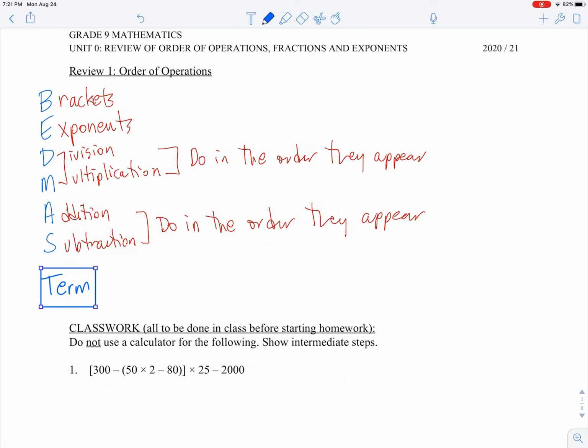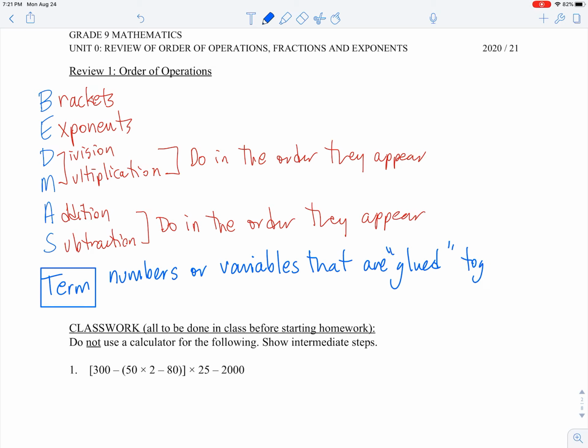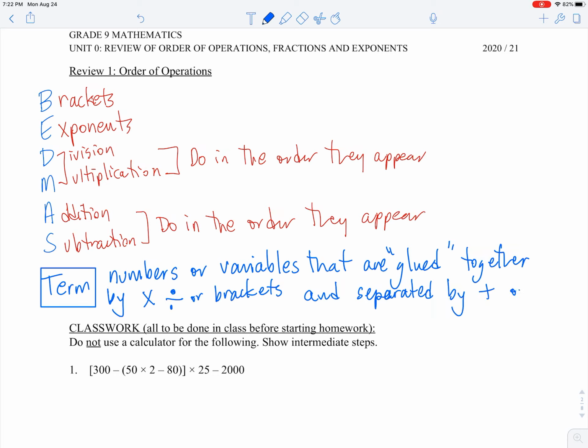The math word term means numbers or variables that are glued together, by timesing, dividing, or brackets, and separated by addition and or subtraction. Separated by addition or subtraction.